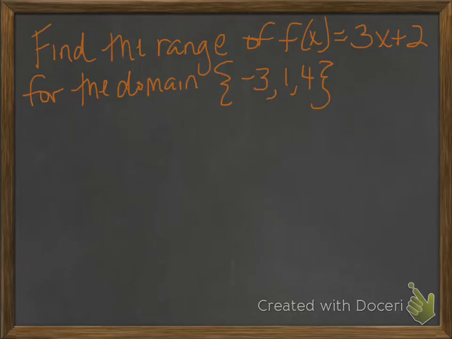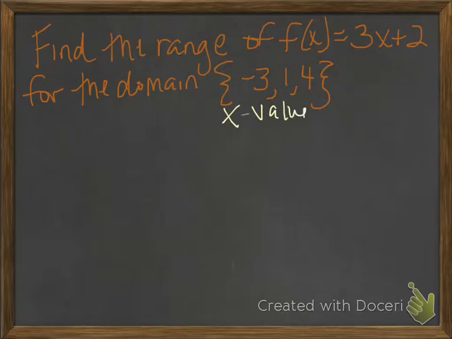Alright, now we're going to find the range if we're given the function 3x plus 2 for the domain -3, 1, and 4. Okay, so remember the domain is going to be our x values, and they're giving those to us.